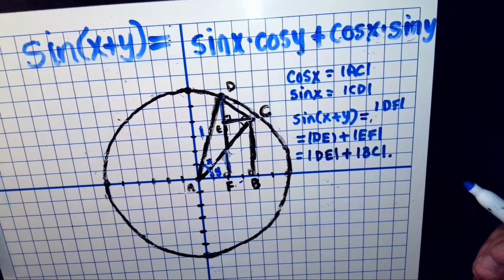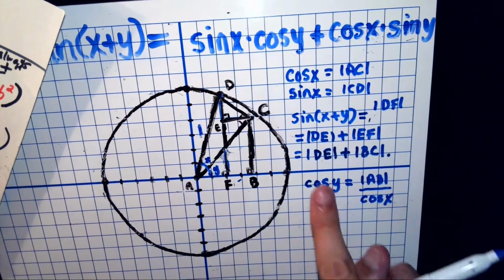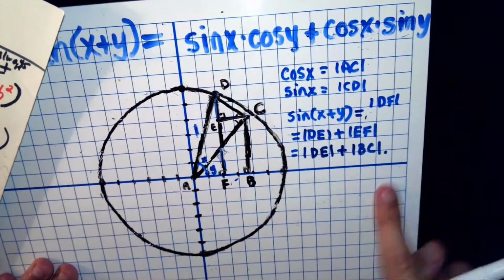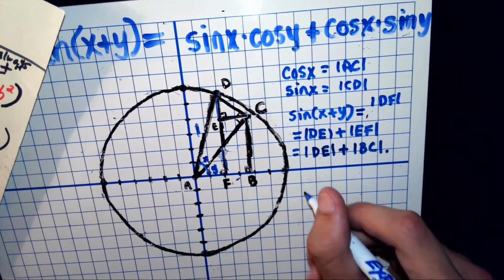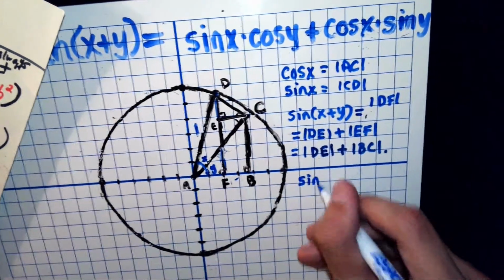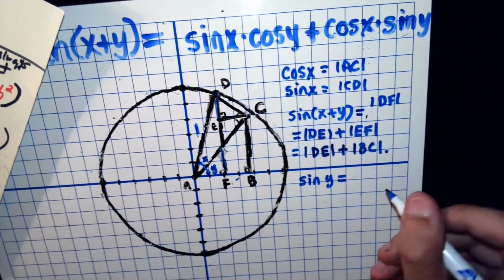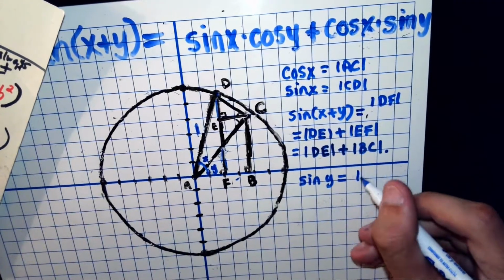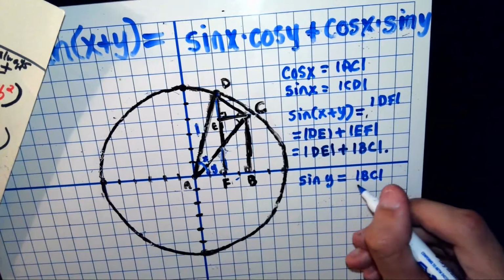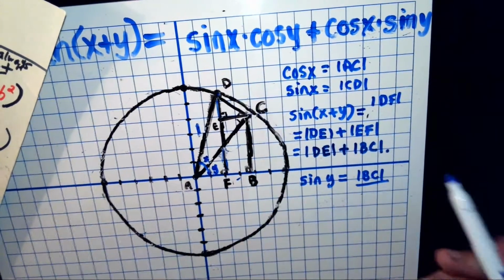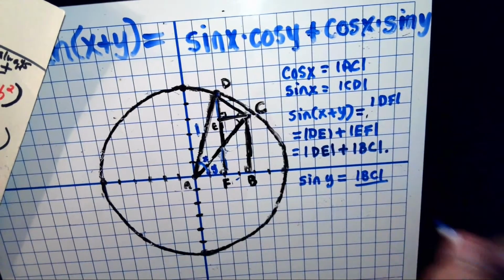Next, the sine of y is equal to the length BC, the opposite over the hypotenuse, and the hypotenuse is AC, but we showed earlier that AC is the same as cosine x.